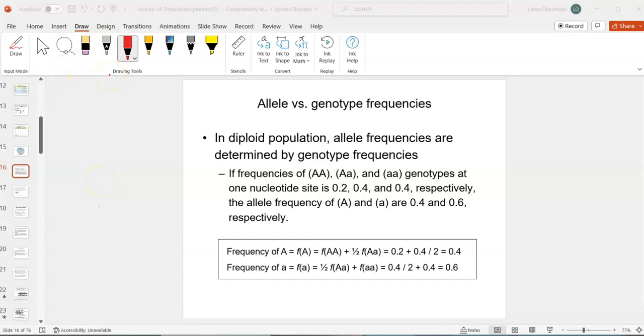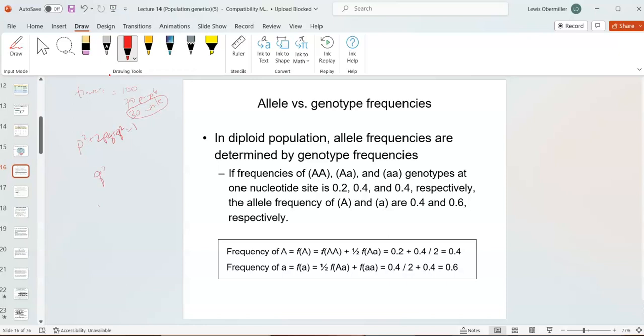So let's go back to our population of flowers. We said that we have 100 flowers and 70 of those are purple and 30 of those are white. So if we do p squared plus 2pq plus q squared equals 1, we know that q squared is this population here because that's the only one we know has to be homozygous recessive.